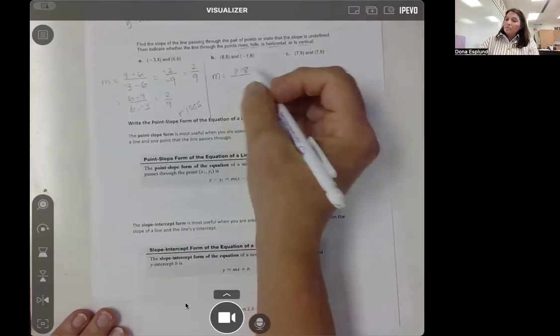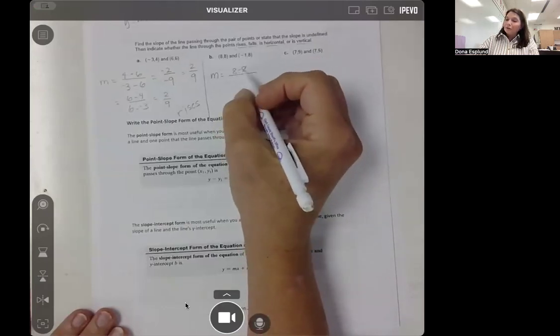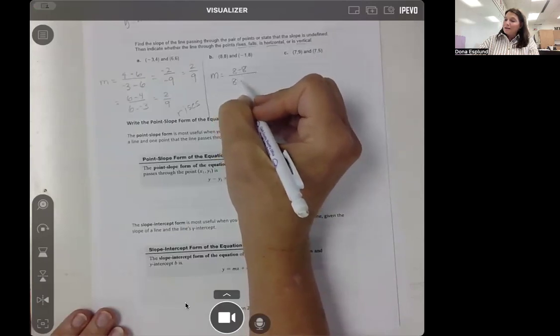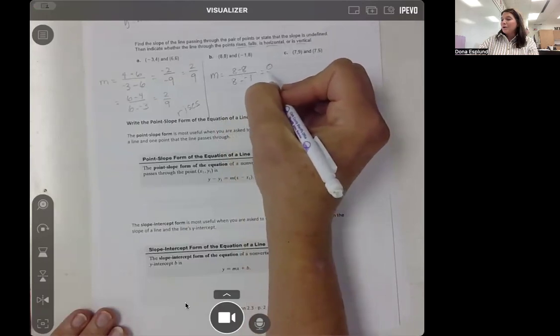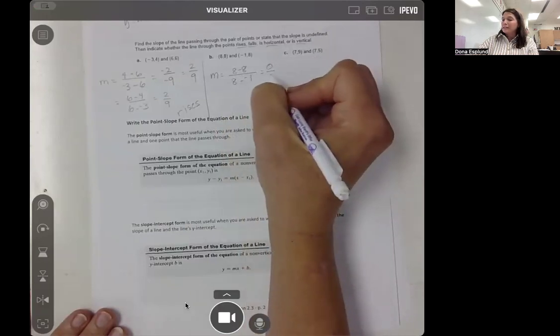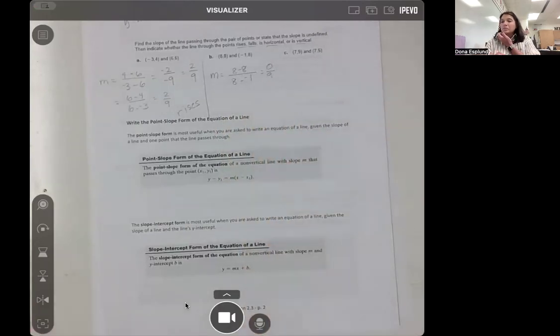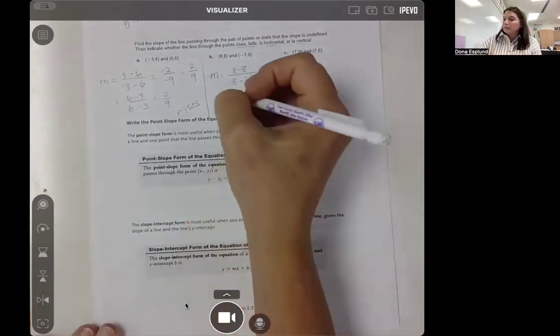Good. And then on the bottom, it really doesn't matter what I have, but I'm going to write it as 8 minus a -1. So I have 0 over some number, in this case 9. So this one tells me I have what kind of slope, or what kind of line? Horizontal. Yeah.